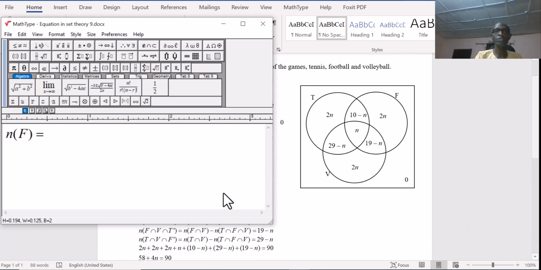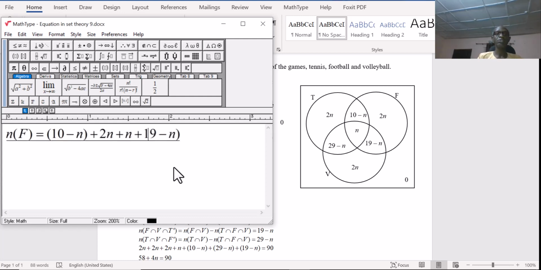So from this, we can see that 10 minus n in brackets plus 2n plus n plus 19 minus n. That is all the people that are playing football all together. So let's add this.